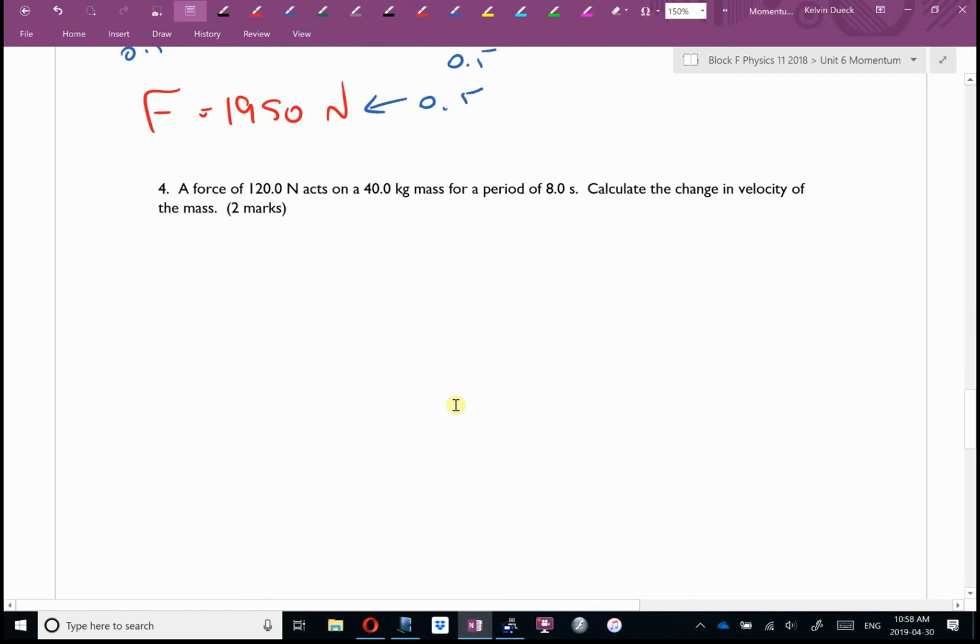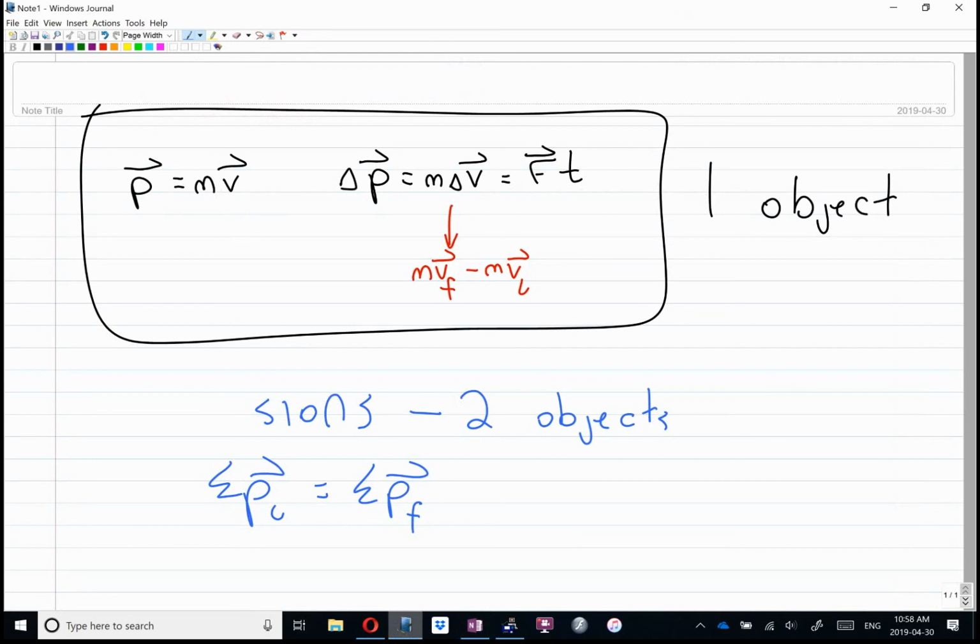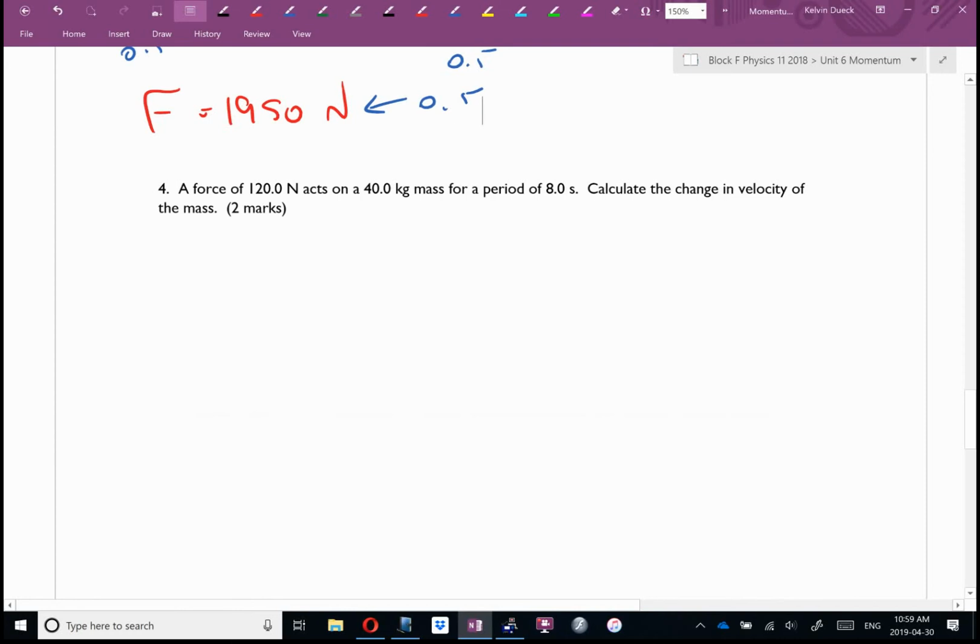Find the change in velocity. Well, change in velocity is that thing there, delta V. And so I already started looking at this. Did they give me a force in this question? Say yes. Did they give me a time? I said, you know what? I think I can go like this.